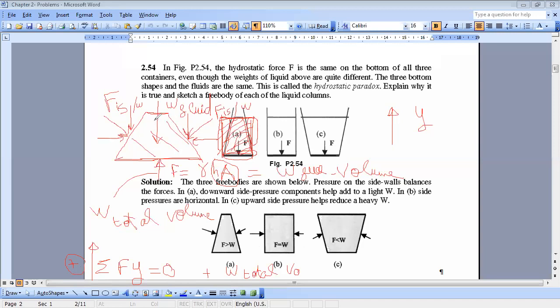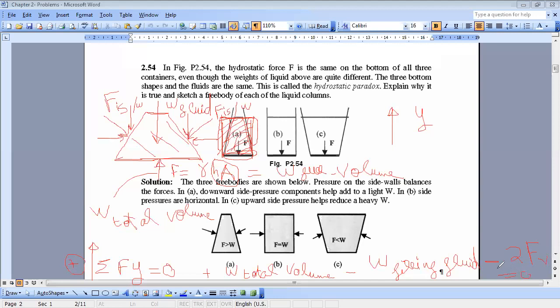So this is minus W fluid because it's downward, W total volume minus W of the filling fluid, and minus, so here we have two horizontal forces that are acting downward and they are equal due to symmetry. So minus 2F vertical, and this represents the action of the surface on water in the vertical direction, equals 0. So what can you deduce?